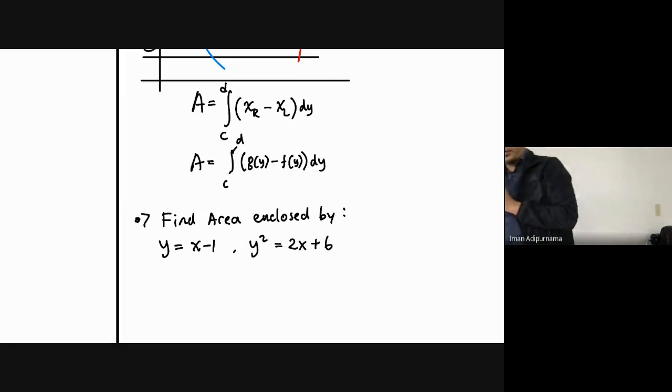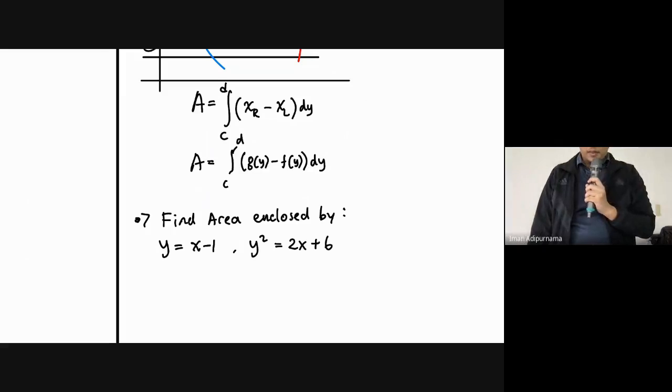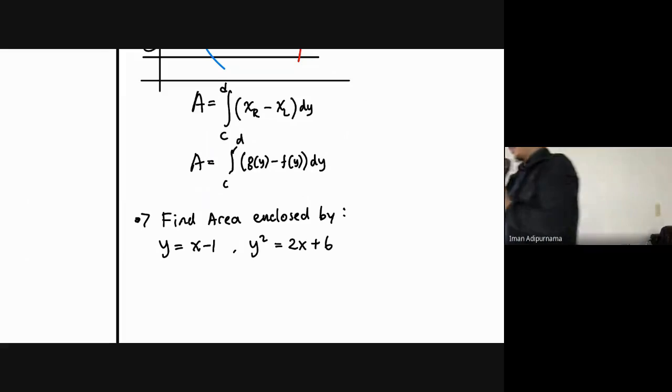Yeah, I think this is just 2. Okay, and then the first thing you need to do is you need to at least draw what kind of graphs you have, and then find the intersection points, your integral interval.